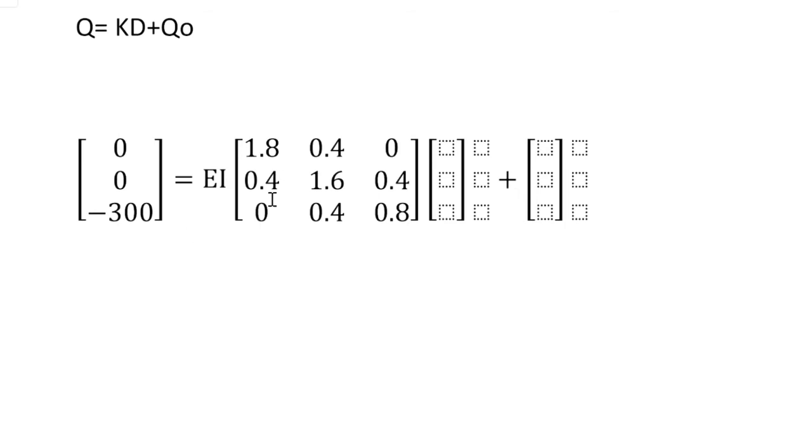Alright, so next, KD. This is K, so the next one is D. D is the unknown displacement. In this case, D is the unknown rotation because it occurs at the roller supports B, C, and D. So we have to put it as a symbol first because this is the output that we need to determine: D1, D2, and D3. This unknown displacement is also known as unknown rotation, or non-zero degree of freedom.